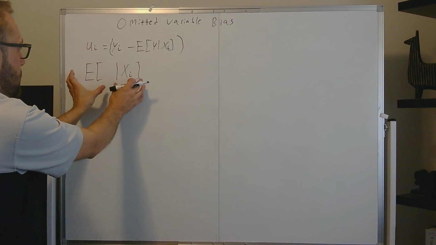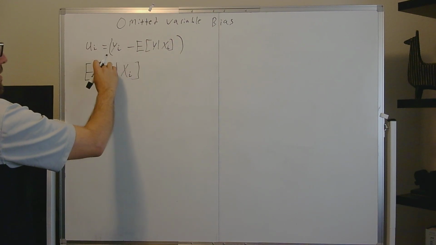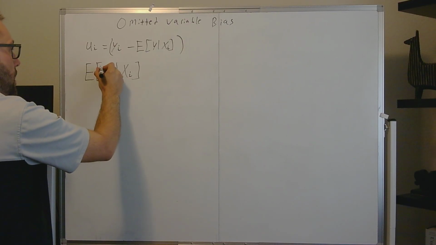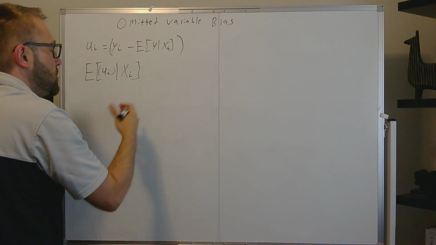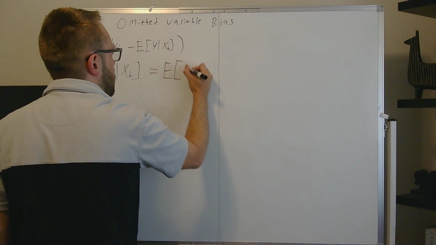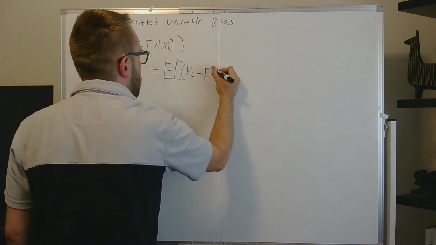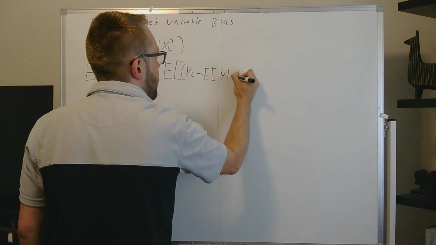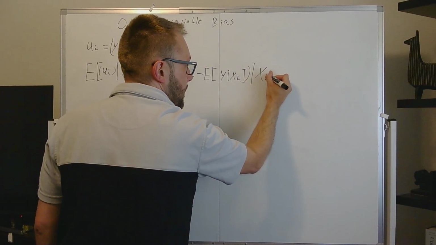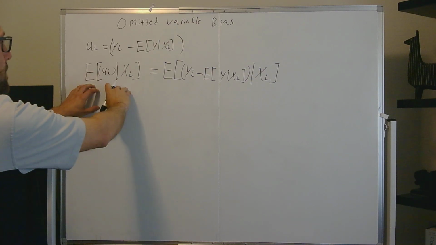So what we're going to do is basically everything that's in the parentheses on the right hand side is going to go in there, and what's on the left hand side goes in there as well. So we have the expectation of ui given xi, and then we would set that equal to the expectation of, parentheses, yi minus the expectation of y given xi, close parentheses, given xi, because again we're taking the expectation operator.